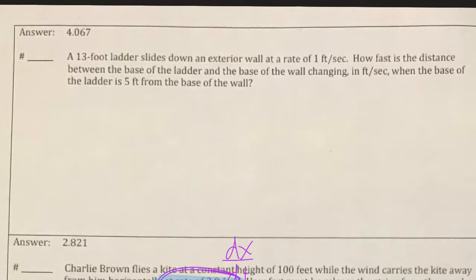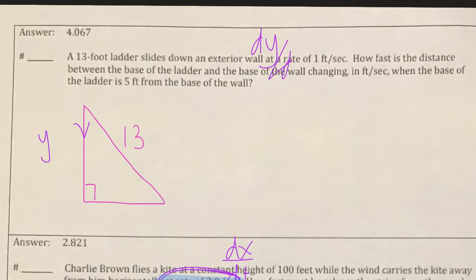Okay, a 13-foot ladder slides down an exterior wall. So here's our ladder problem. 13 foot is the constant, right? It's sliding down, so that's going in this direction, your y direction. So dy/dt is 1 foot per second. How fast is the base changing? Right, we want dx/dt.